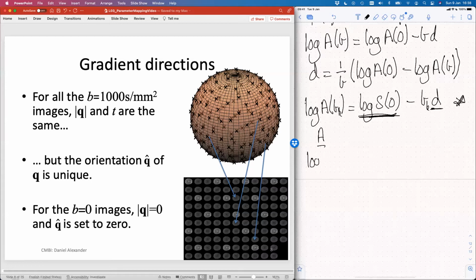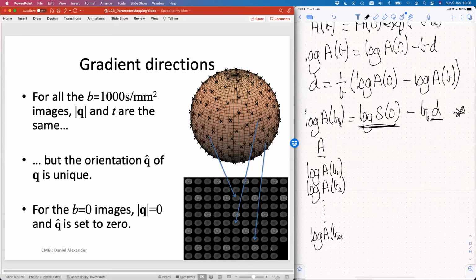So I have log A of B1, log A of B2, all the way down to log A of B108. So there is our list of measurements A. Then we've got a vector X of unknown parameters, and we have 2 unknown parameters here. We've got log S0 and we've got the diffusivity D.